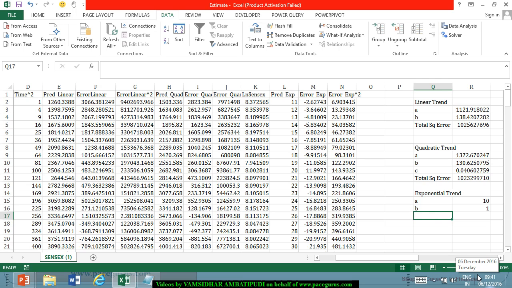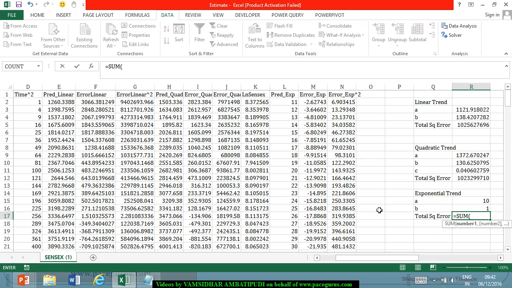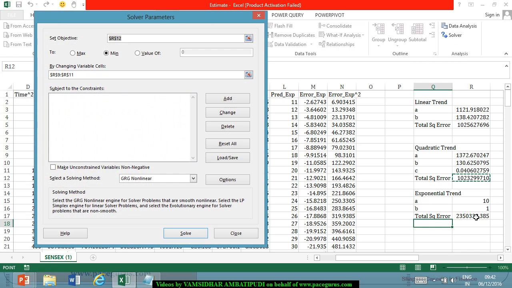So from here I can get my total squared error for this purpose. Total squared error is working out to be this much, to the extent of 2.35 million. But yes, I want to play around with the values of a and b in such a way that the total error is going to be the minimum most.